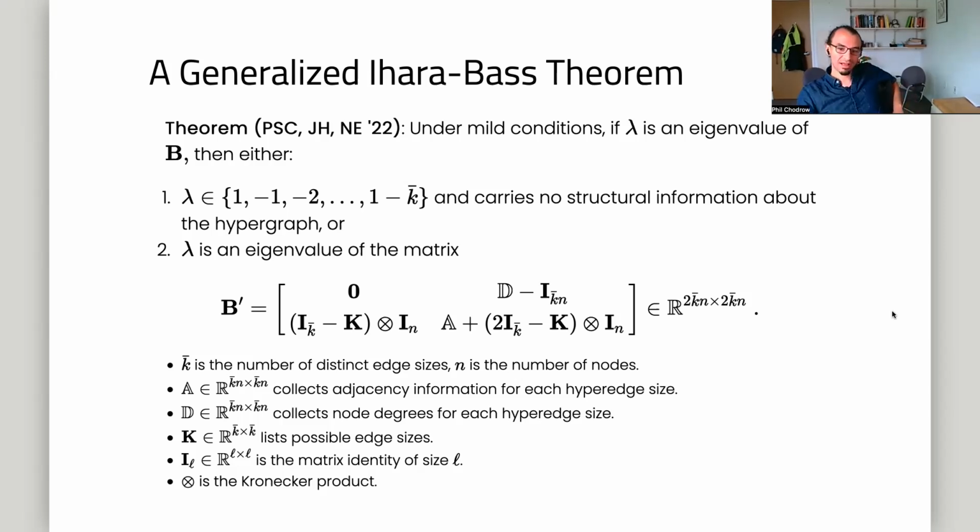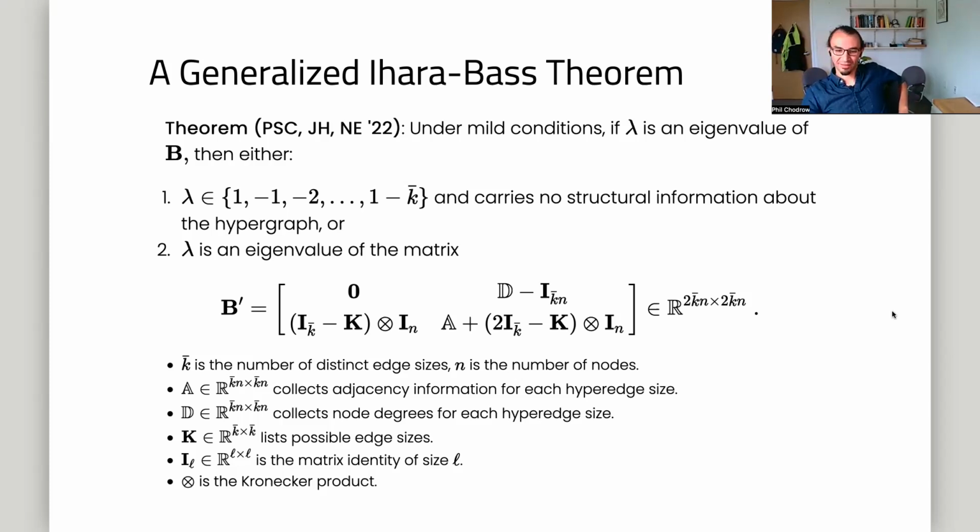Here B prime is this more complicated-looking but smaller matrix that has the same interesting eigenvalues and related interesting eigenvectors to our original matrix. To unpack some of the notation, K bar is the number of distinct edge sizes and N is the number of nodes. A and D are block adjacency and degree operators.